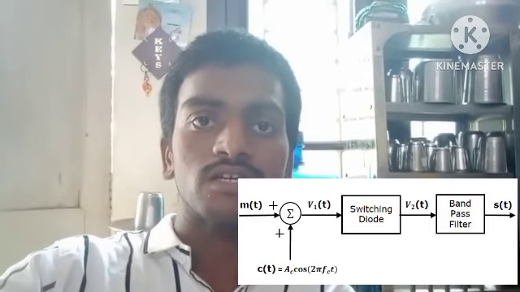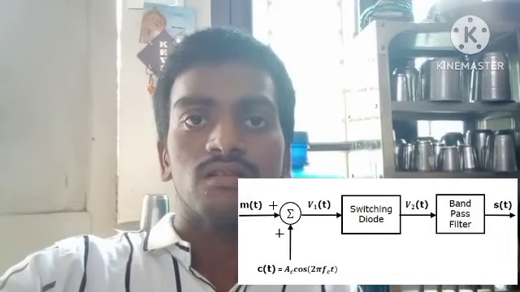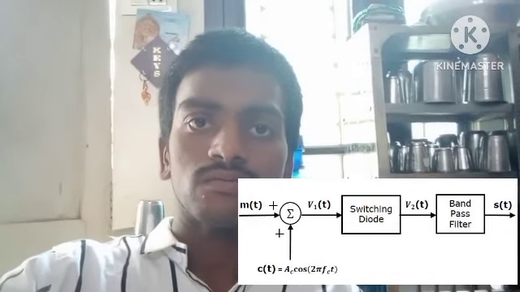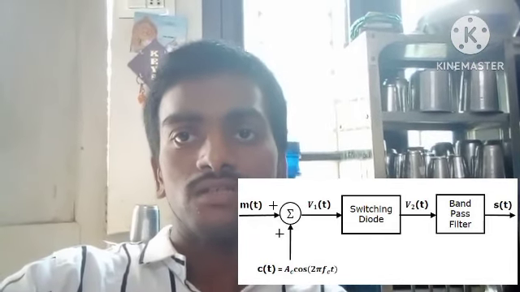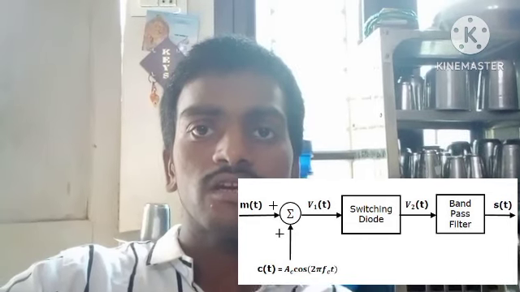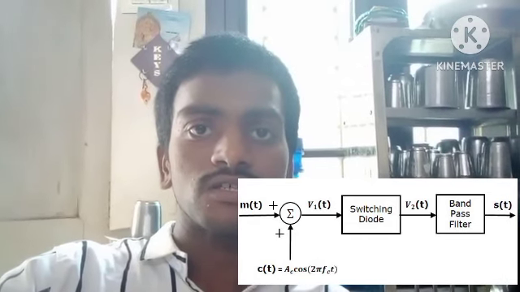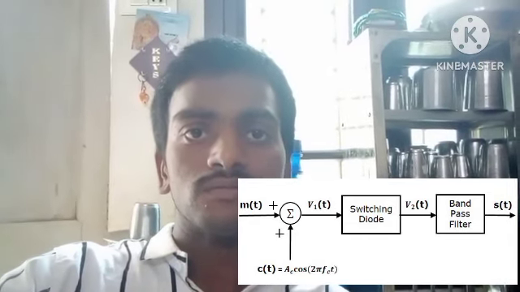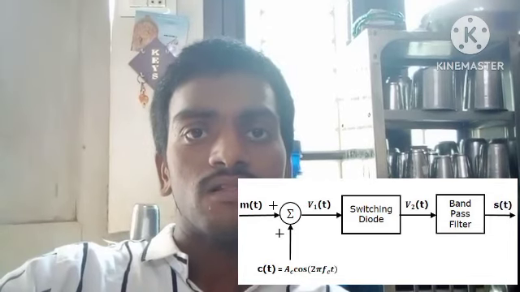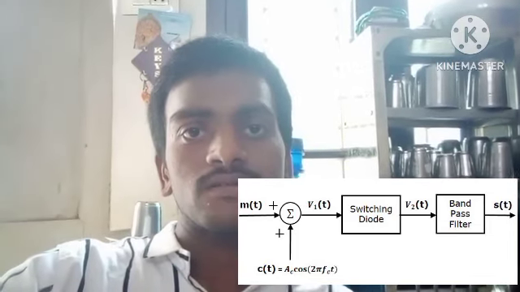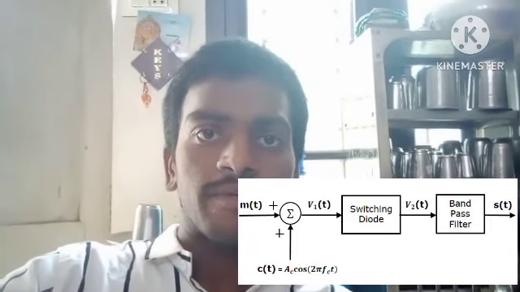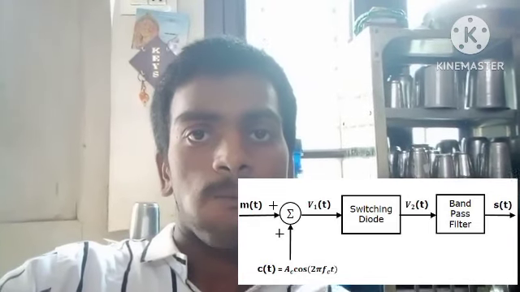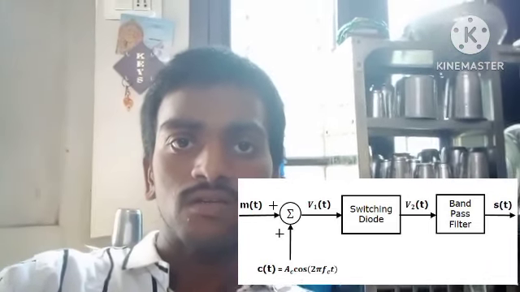Now let us see the second generation type of amplitude modulation, that is the switching modulator. The switching modulator is basically a diode and a band pass filter as shown on the screen. It consists of a message signal, carrier signal, a summer, a diode element which is the switching element, and a band pass filter.